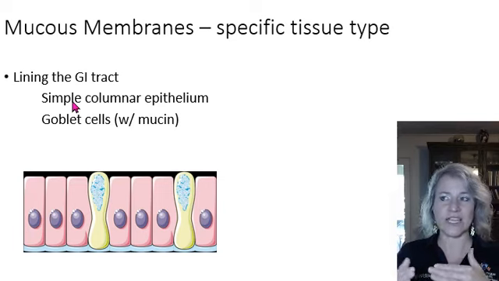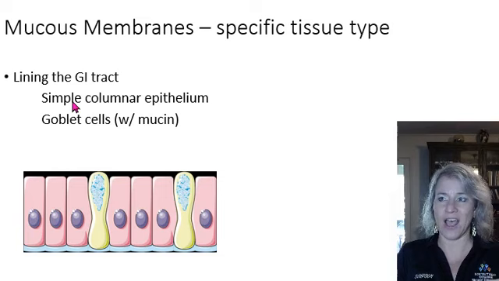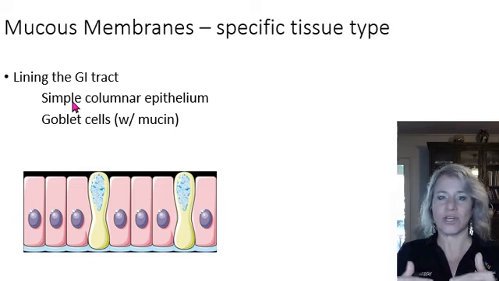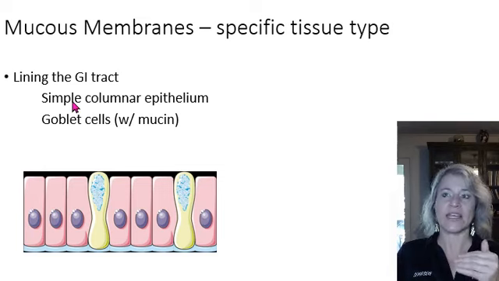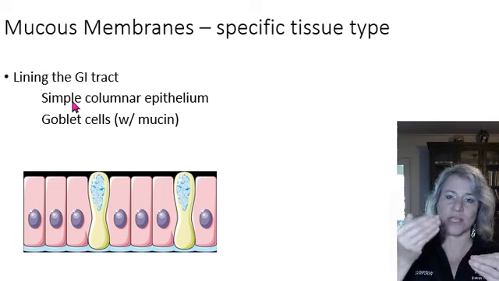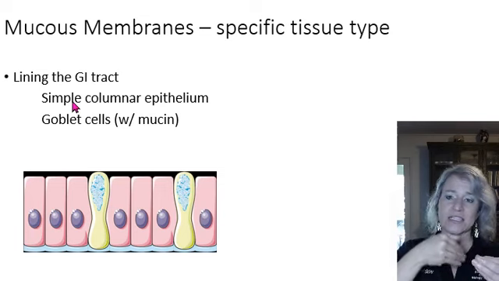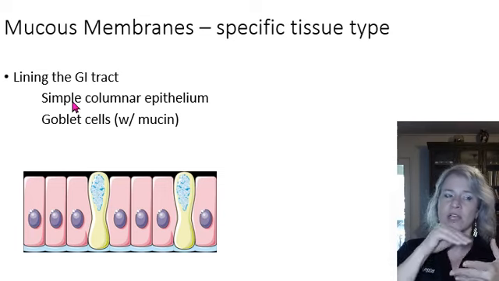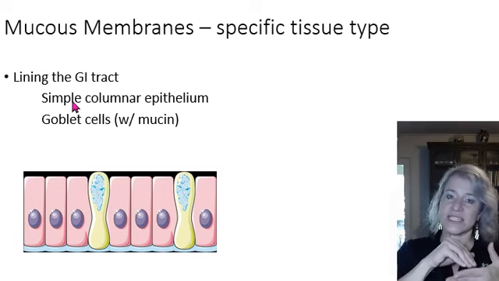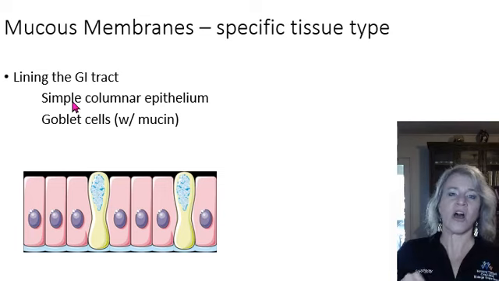If any of these structures were to dry out, that would cause injury to the organ, because it would cause a crack, and then it would be a place where organisms would be able to invade the organism. So it keeps everything lubricated, wet, moist, and prevents desiccation, which is to dry out.